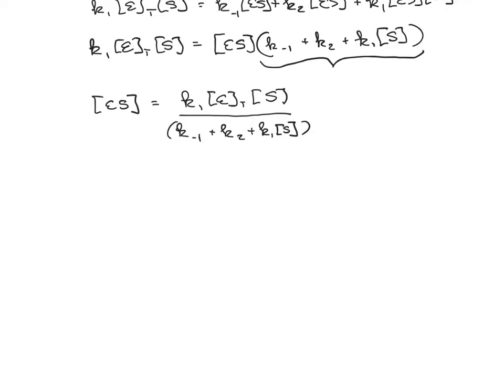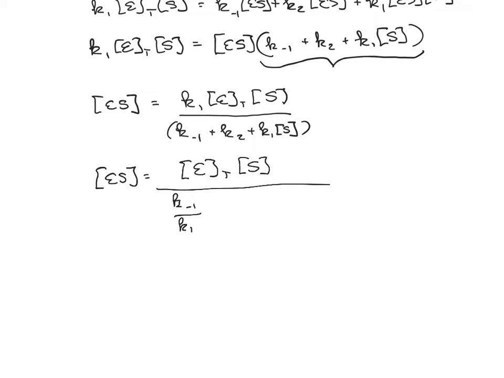So if I divide this whole right-hand side by K1 to get K1 on the bottom, it becomes this. I have to divide all of the individual terms by K1 so that no kittens die.